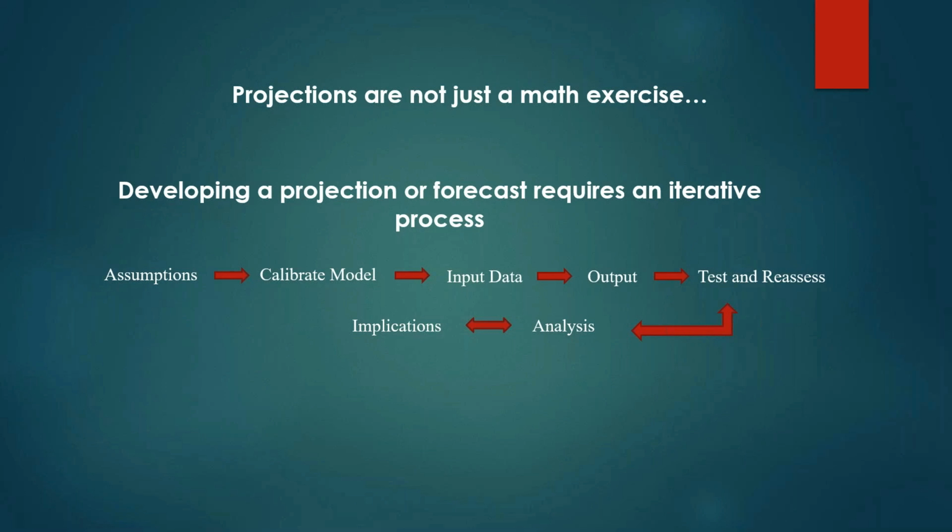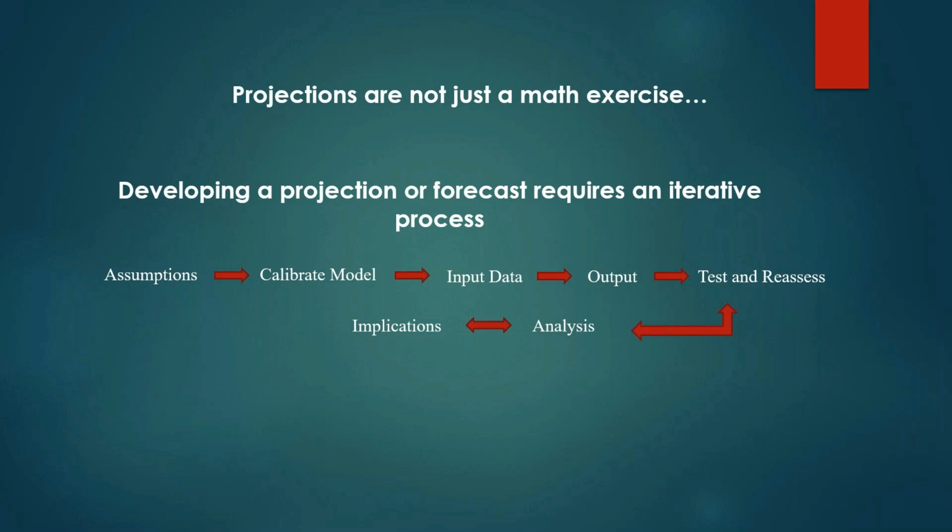You take those assumptions and calibrate your model, whatever model you're using, because a model is just an empty box. Then you input data, you'll get results. Well, you have to test those results, reassess what you've seen, and go back to the beginning if those results don't meet, quote unquote, the smell test.